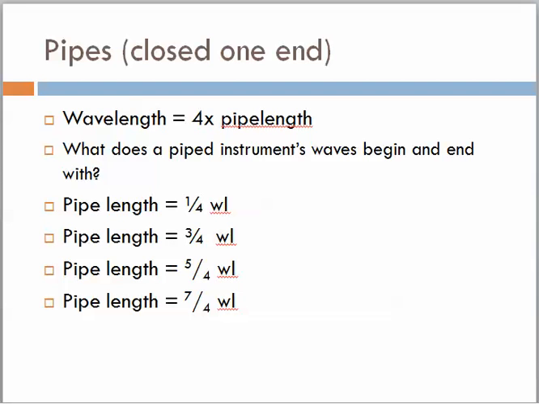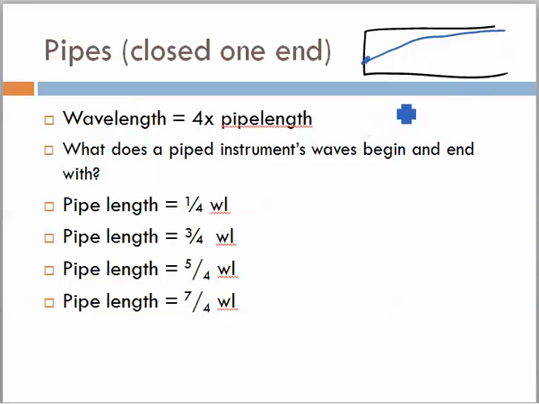But if we have a pipe that's closed on one end, such as this, for example, and we have this wave that comes emanating out of it. Well, what we find out here is that the first wave, in this case, I'm not drawing a very good picture of it here, it would actually be at an antinode right here.